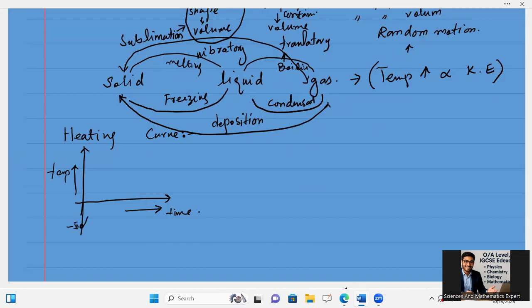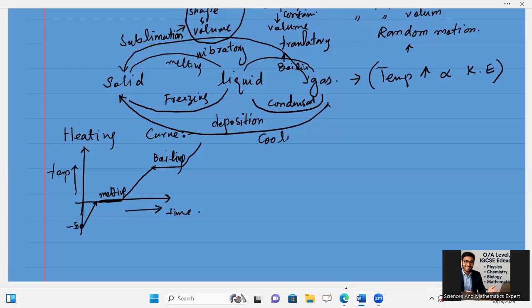I increase it and it reaches 0 degrees centigrade for water. Then it stays on this line for some time, which is the change of state. Then it starts to increase and stays again for a change of state, and at the end it starts to increase its temperature. This is called melting, this is called boiling, and this is a heating curve.